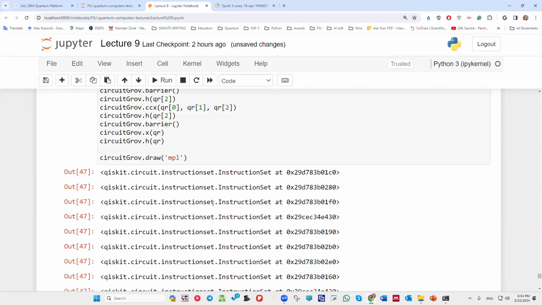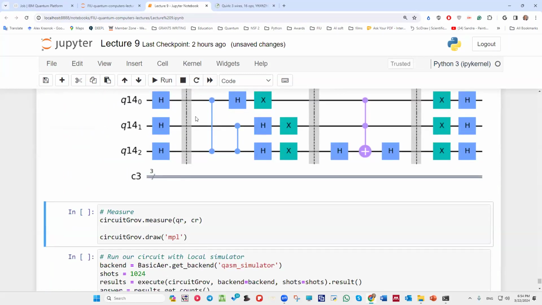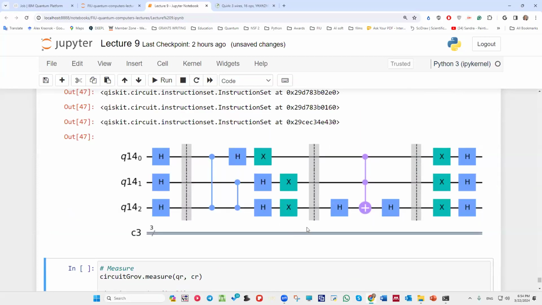And then we apply this part. So I would say the oracle is actually this part here. We designed this oracle to search for a particular element, or 2 particular elements, in our list. And our list consists of just 8 elements now.